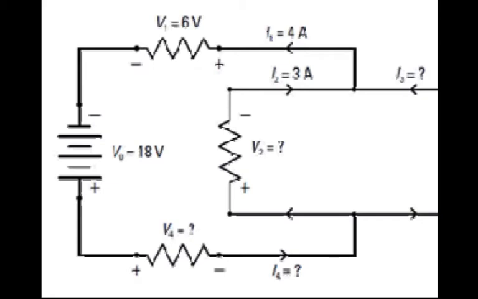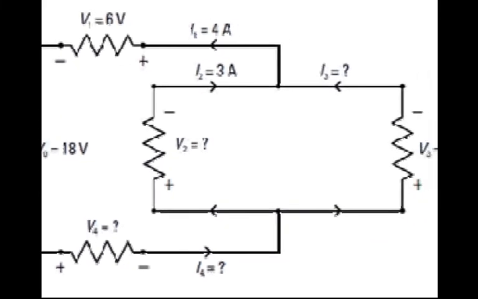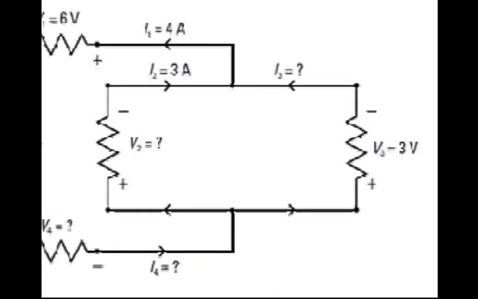and we know that we're at a junction here, and at the junction the current going in has to match the current going out. So 4 goes in here, 4 is coming out, and we know that 3 amps are going down this branch. That means that what remains going down the other branch is 4 minus 3, which is 1 amp.